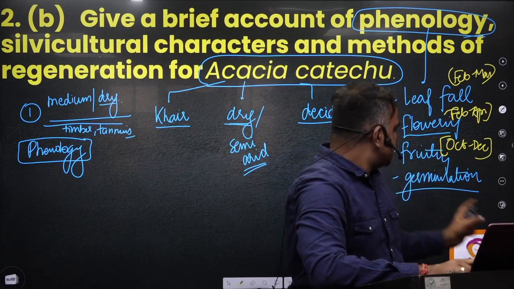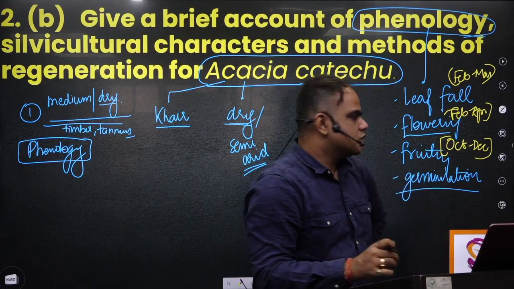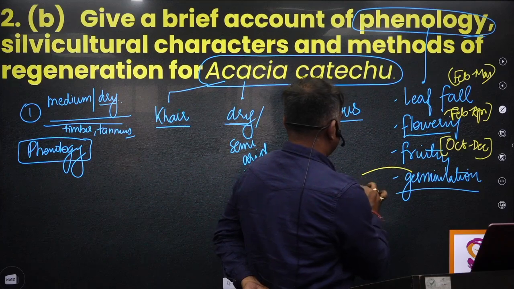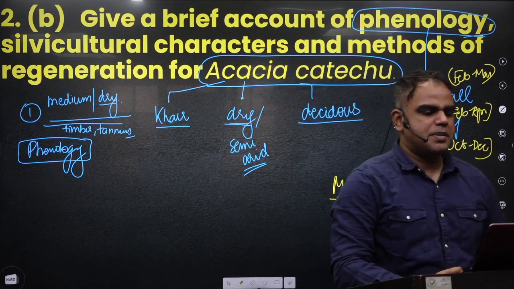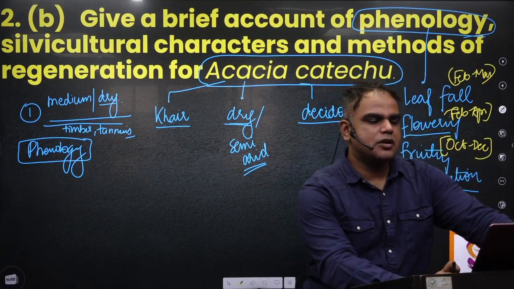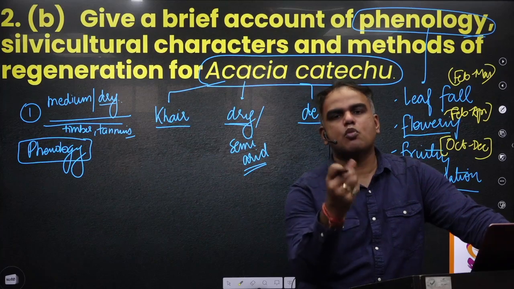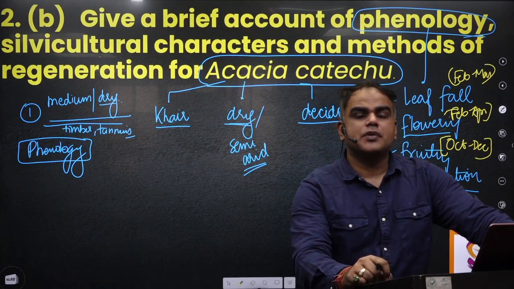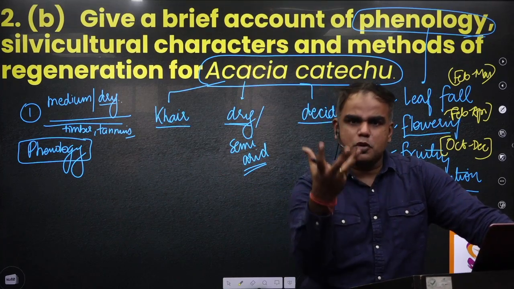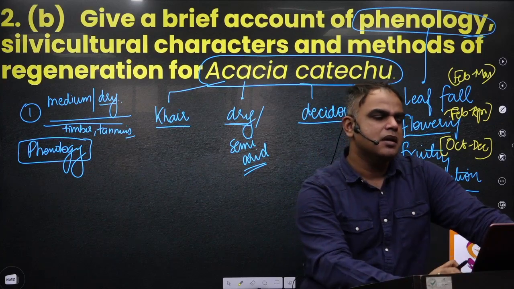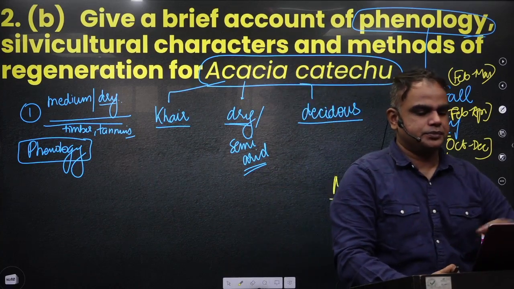And the last part is germination. Germination actually happens during the monsoon period. So you can write down, the germination happens with the onset of monsoon, because in the monsoon you'll have more moist conditions. This will help. Initially the seed has a period of dormancy, and when the appropriate moisture or water content is available, germination starts to happen.